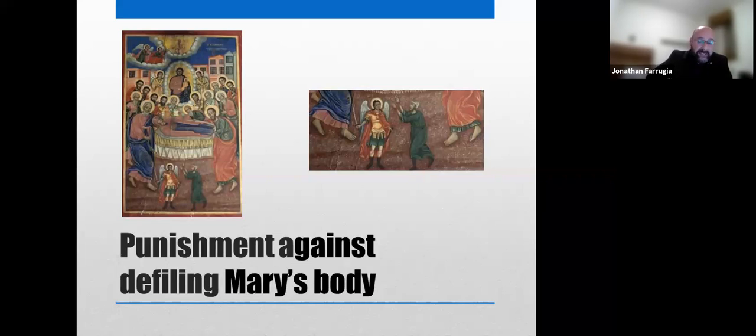Now, these texts coming from this very early stage, 2nd and 3rd century, and which were later, as we said, popular in Christian art, especially in the medieval period, can be regarded as proof of the early Christians' belief that Mary's body remained intact throughout her life due to her intimate relationship with the Son of God.